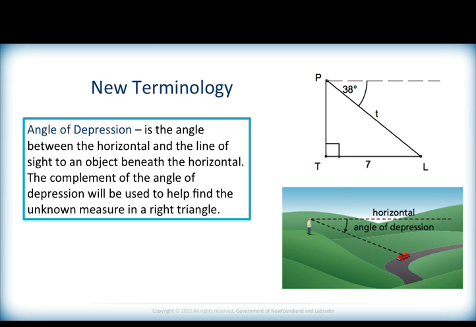So we want to find the other side of P. If we ignore the line P to L, we can see that that would be a 90-degree angle. So in order to find the angle TPL, you would have to go 90 degrees subtract 38. And this will give you the complement to find the other side of our angle. So 90 subtract 38 will give us 52 degrees.